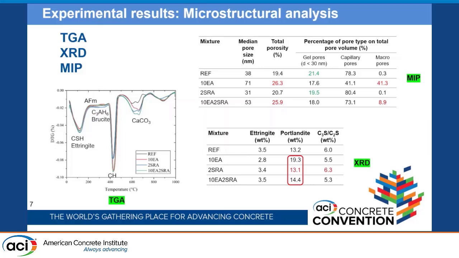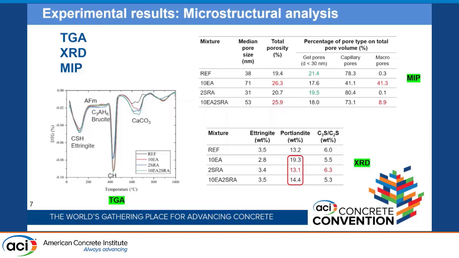And the highest, as you see, was for the EA mixtures, due to the highest portlandite formation into the matrix.